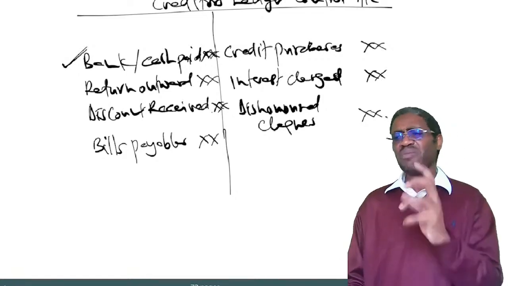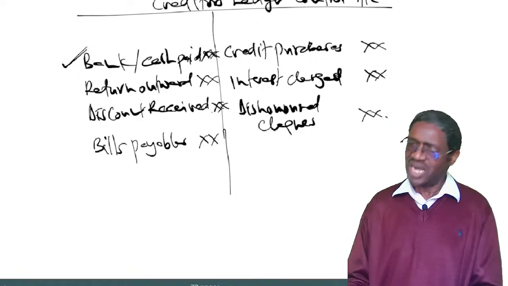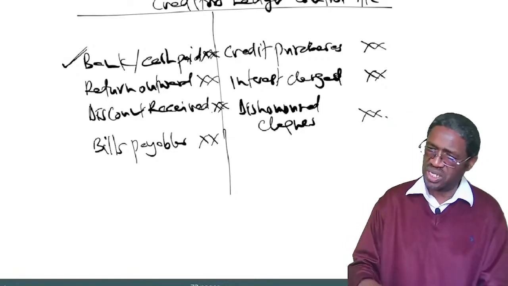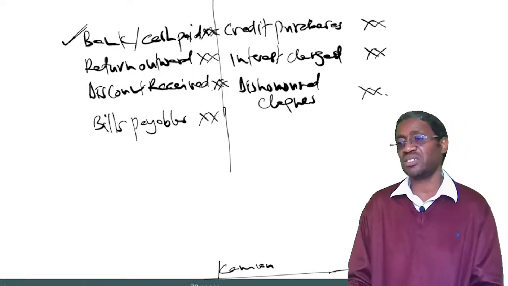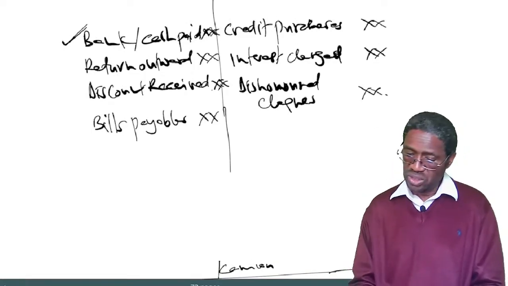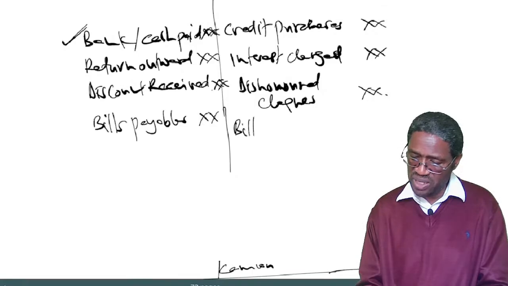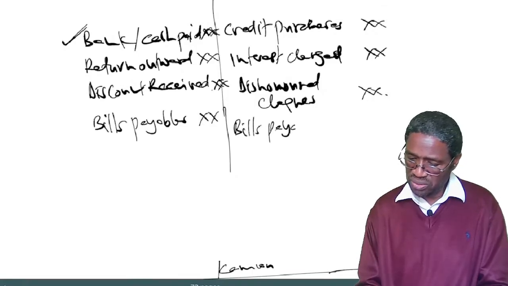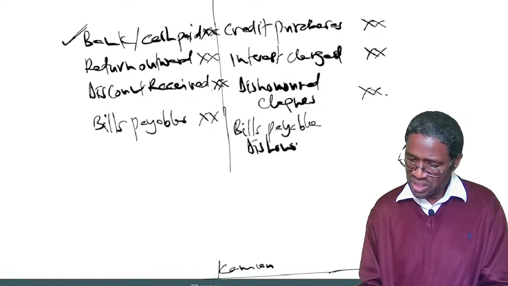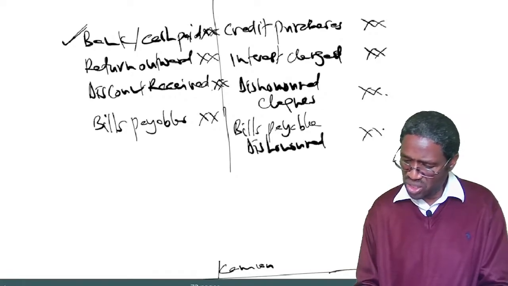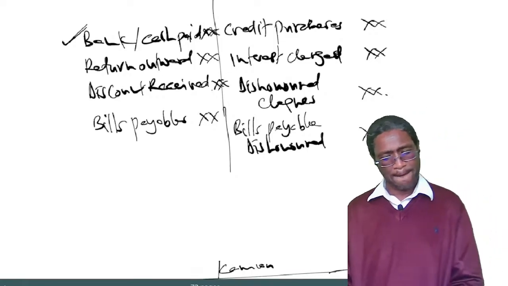So when a bill becomes dishonored, you as the business have to increase again what you owe to Kamau. So we come and credit here, and they say your bills payable dishonored. If they are dishonored, you credit. That's what we are saying.